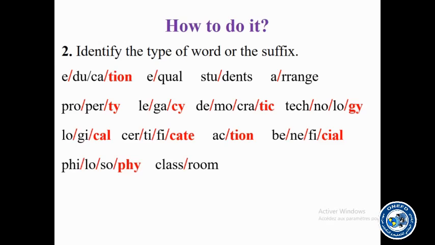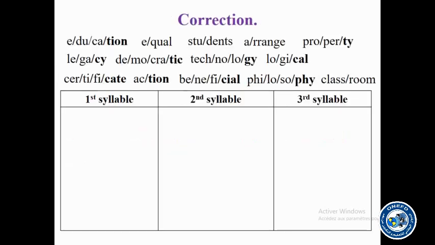Fi, and classroom, is it a noun, a verb, or an adjective? So now that you dealt with the two pieces of advice, that is to say, divide the words into syllables and identify the type of word or the suffix, let's see the correction.